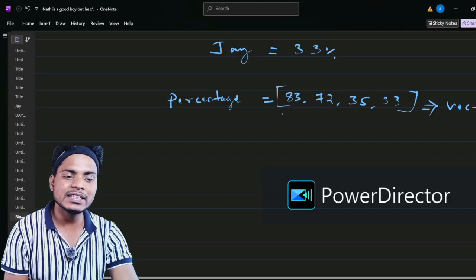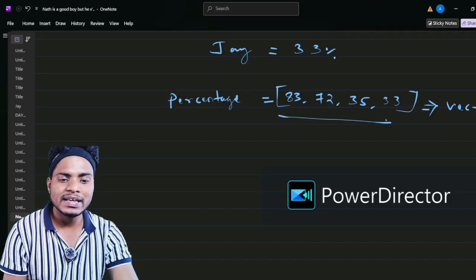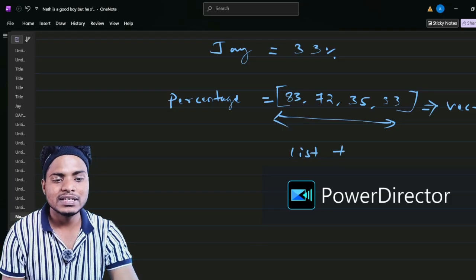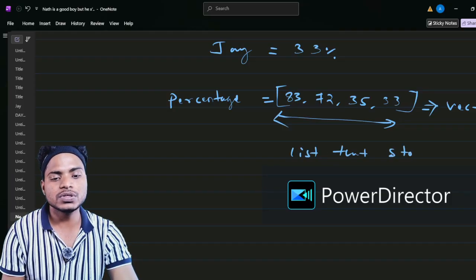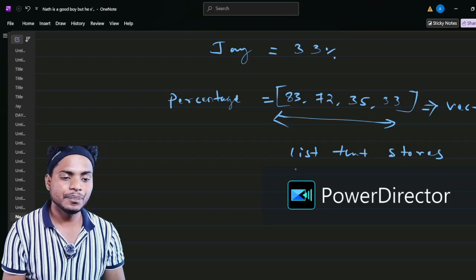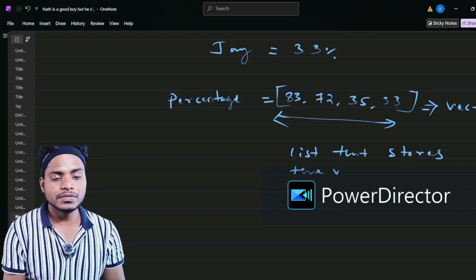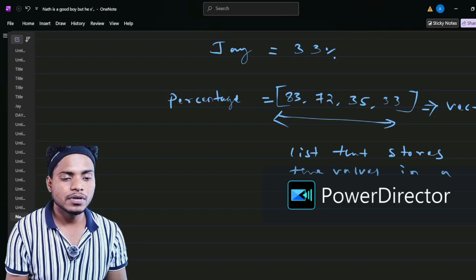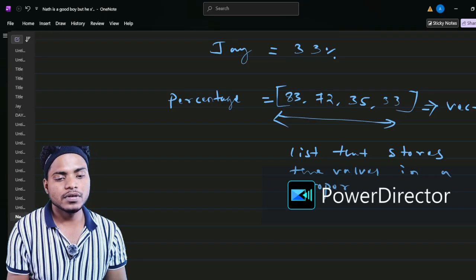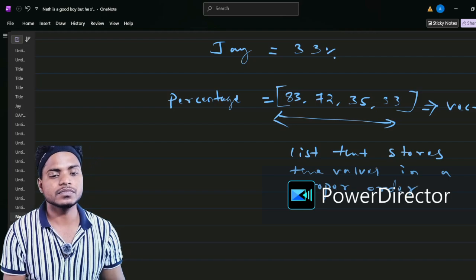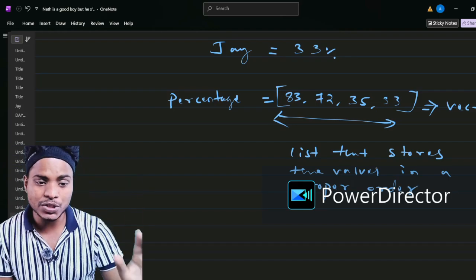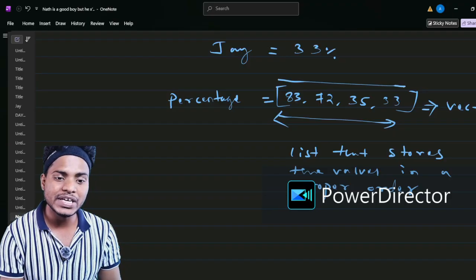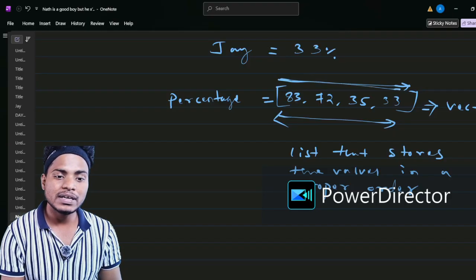A vector is nothing but an array, or a list, that stores the values in a proper order. Yes or no? You understand? So this is what we call a vector. And remember one thing, a vector is also called one dimensional.